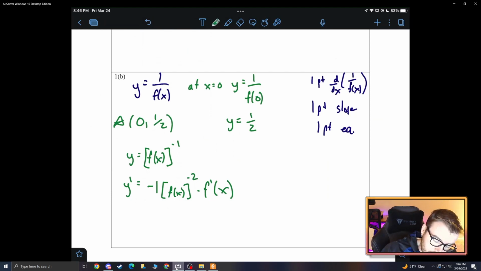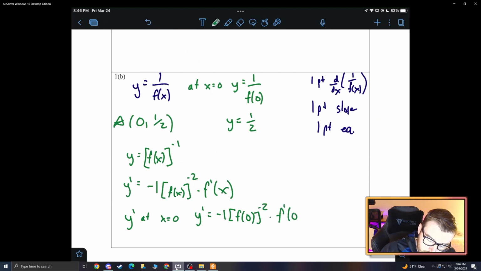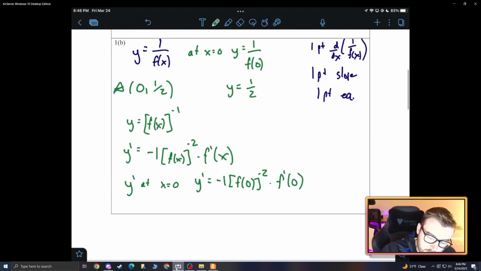So we then find y prime at specifically x equals 0. We just simply need to plug in the number 0 for x and see what happens. Well, we still know what f of 0 is.